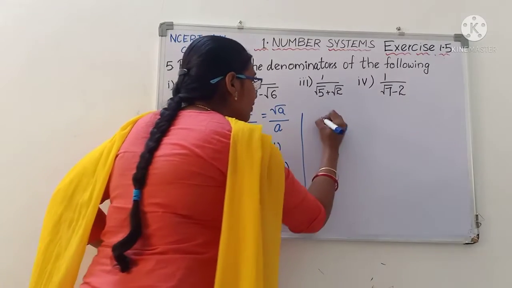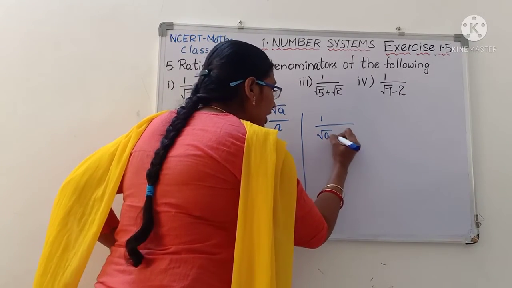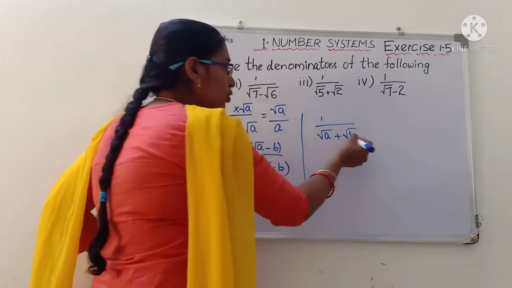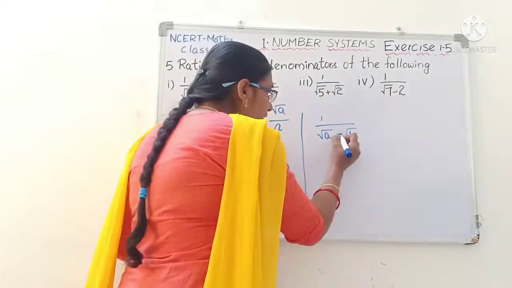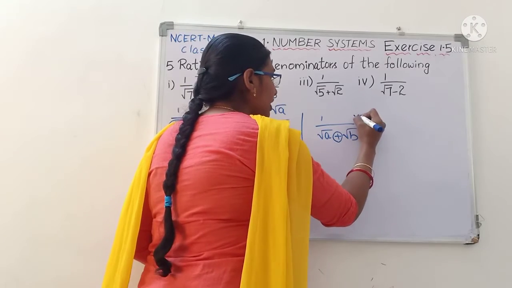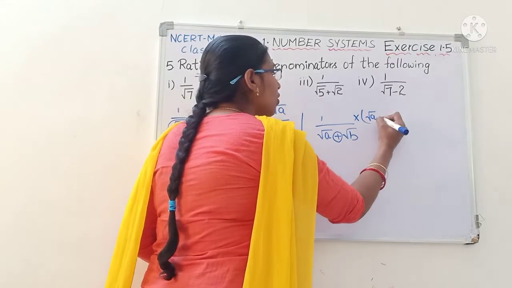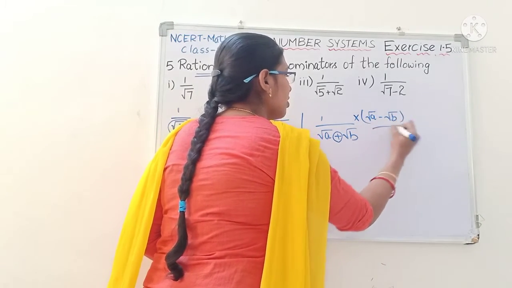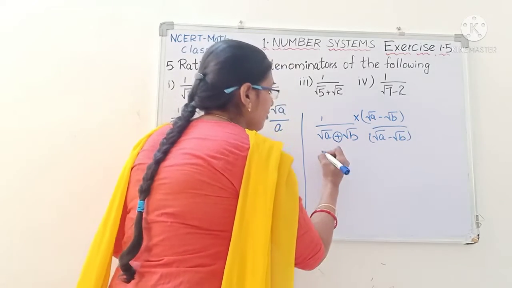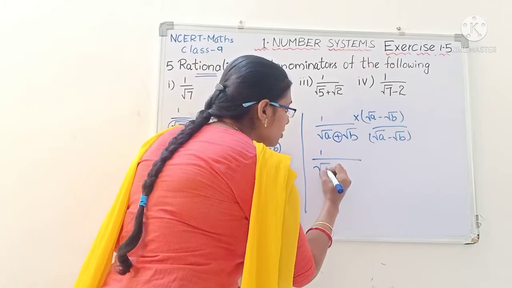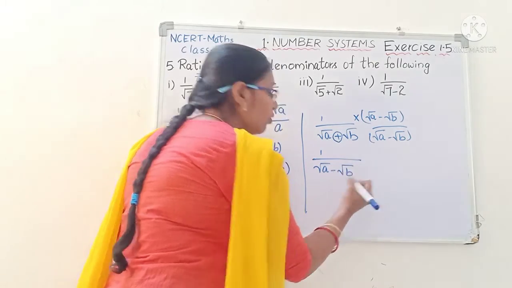If the denominator has root a plus root b, both are irrational and we are adding, it will become an irrational number again. What do you do children? Just change the sign. Multiply numerator and denominator with root a minus root b now. If the denominator has root a minus root b, what do you do?